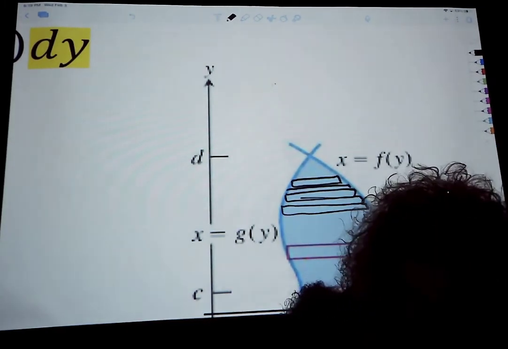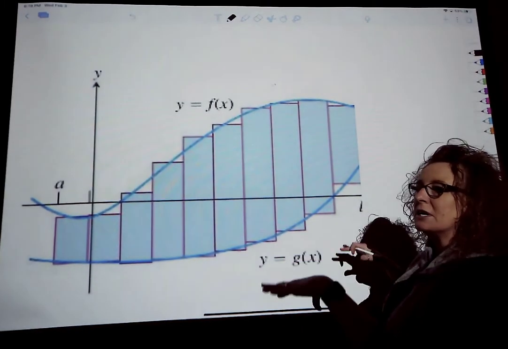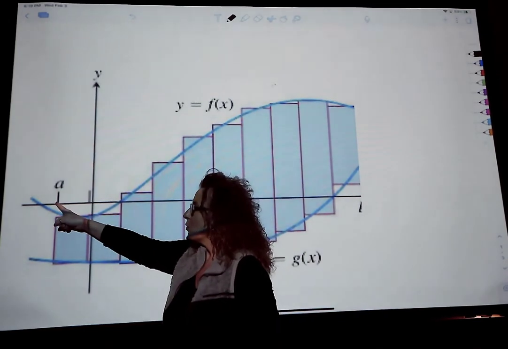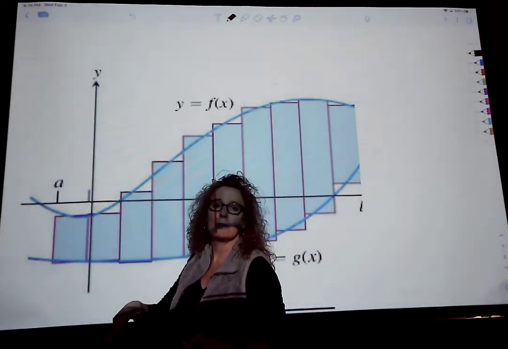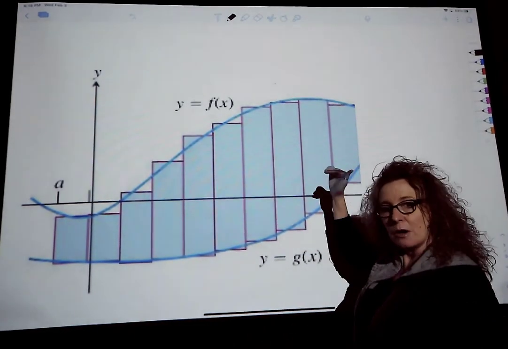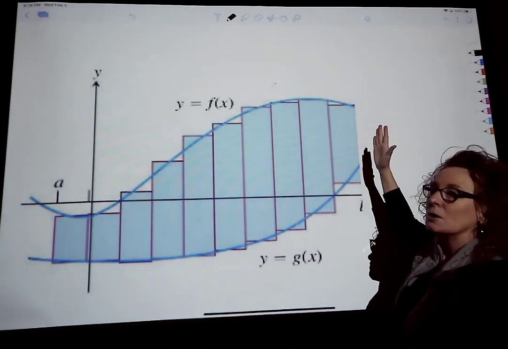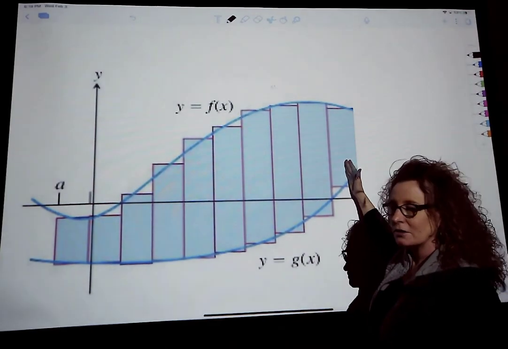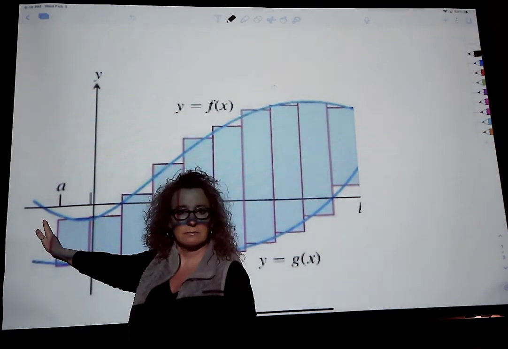Now, let me remind you of something. When you do an integral and you're accumulating areas, you want your lower x number to go on the bottom. You want it to be your lower limit. You want your higher x value to be on your upper limit. So do you agree that x values to the right are higher than x values to the left?